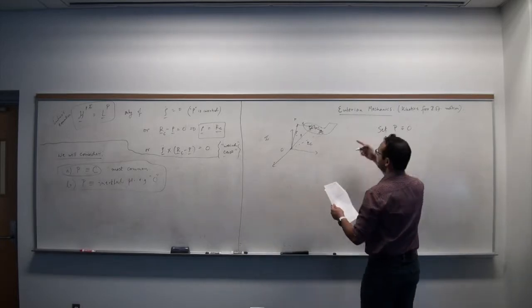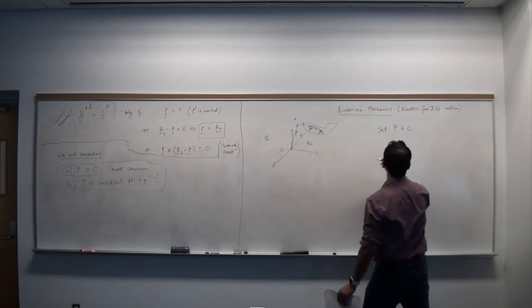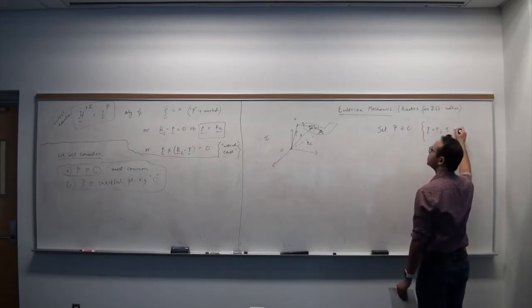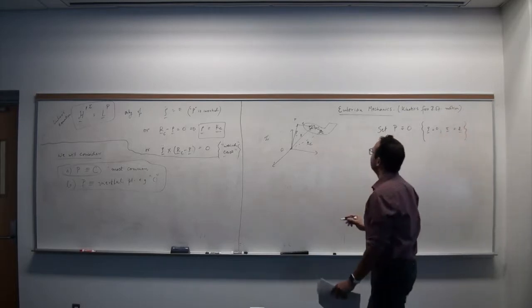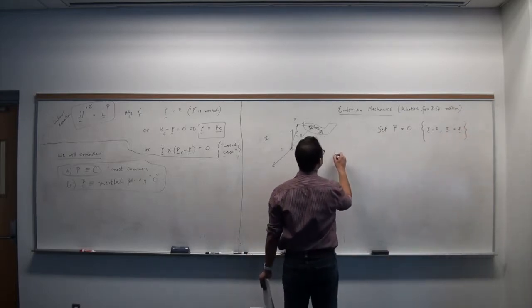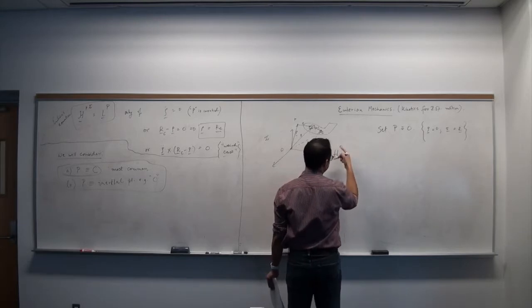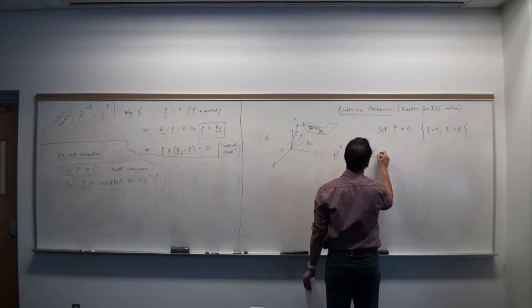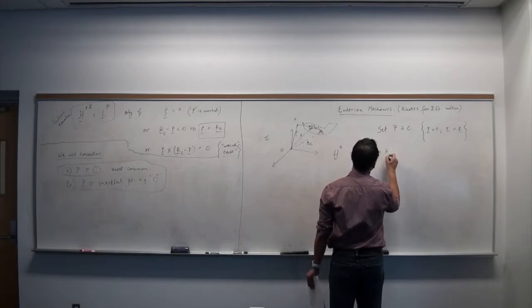So what happens when P is dragged down to the origin? We get that rho is 0 and sigma is equal to r, kappa, right? And therefore, the angular momentum of the object measured from O is r cross r dot dm.